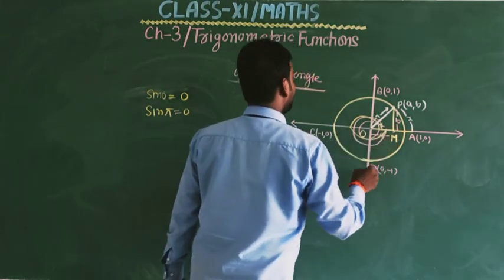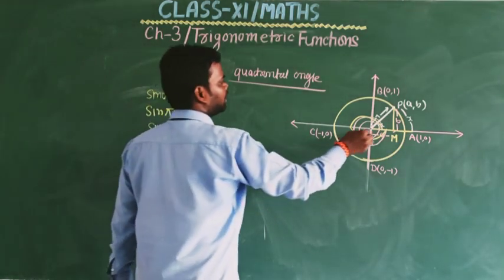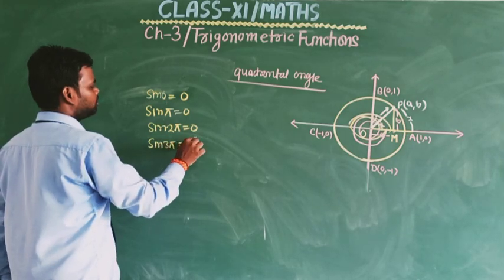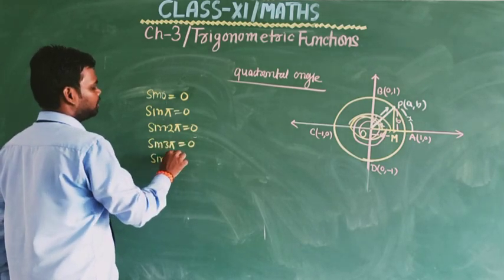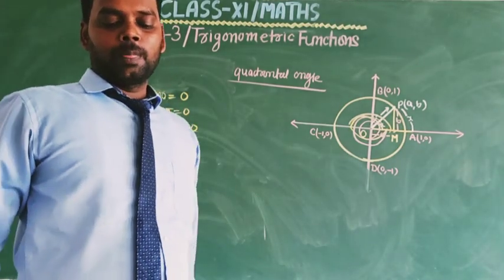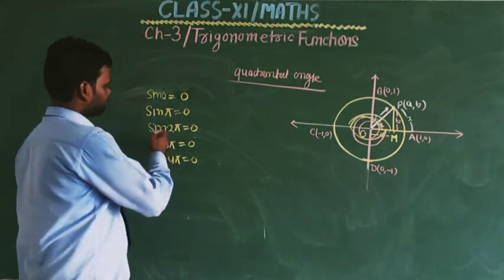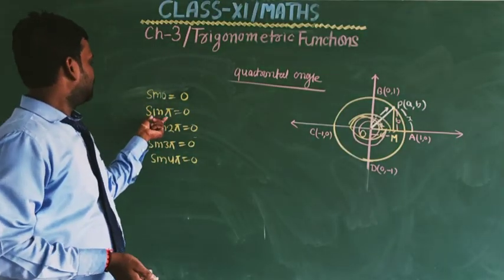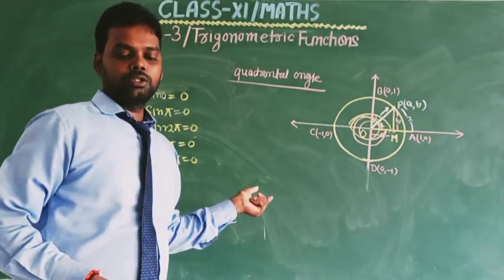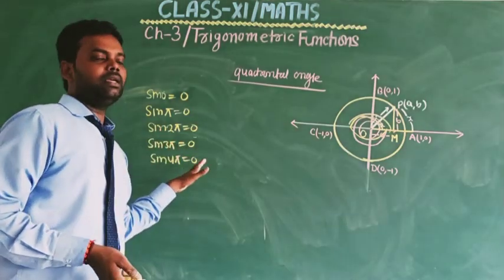Again adding 2 pi, sine 2 pi equal to 0. And similarly sine 3 pi equal to 0, sine 4 pi equal to 0. So now we observe that the value at an integral multiple of pi is 0.